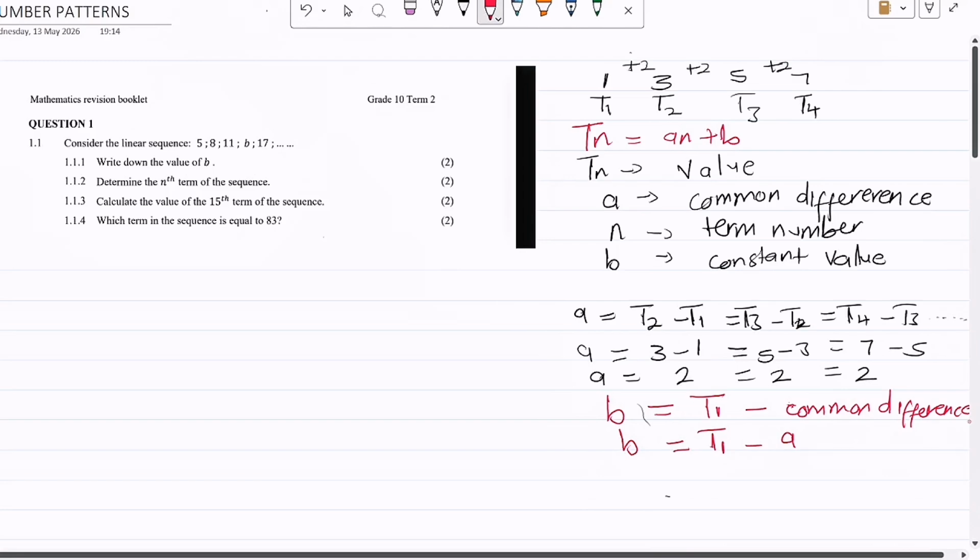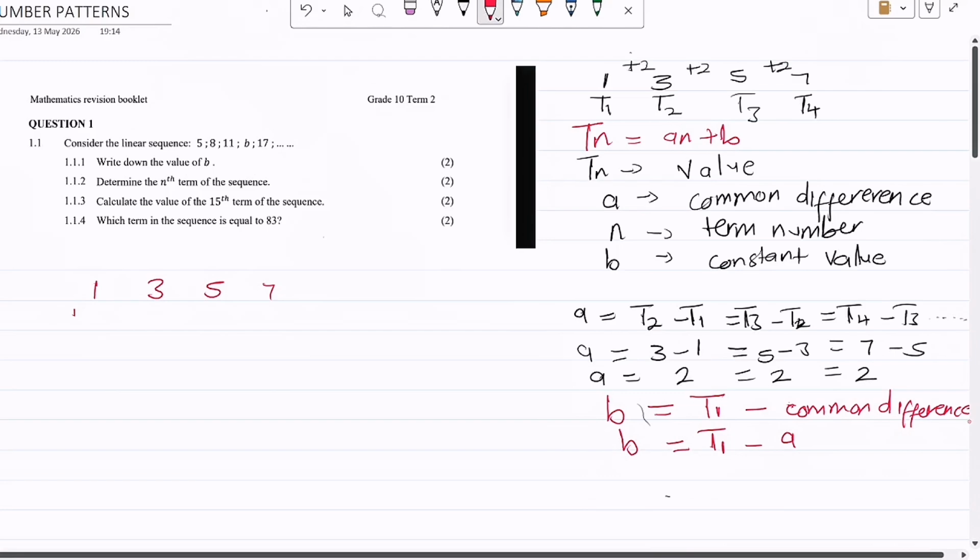There is also another way, which I'll show you now, how we can find b. Remember, we have this pattern 1, 3, 5, 7. Now we want to find the general term or the nth term. We know that we have the formula Tn is equal to an plus b. Do we have a?